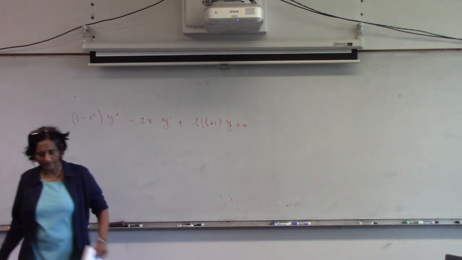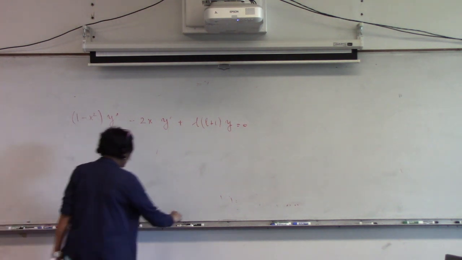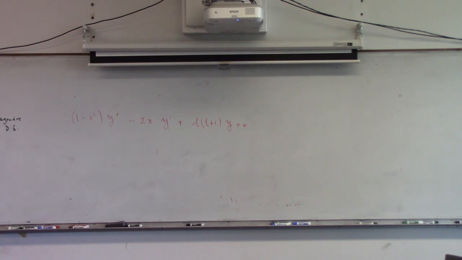I've just written some differential equation, and this is your Legendre differential equation. Given this differential equation, what is P of x and what is Q of x first?